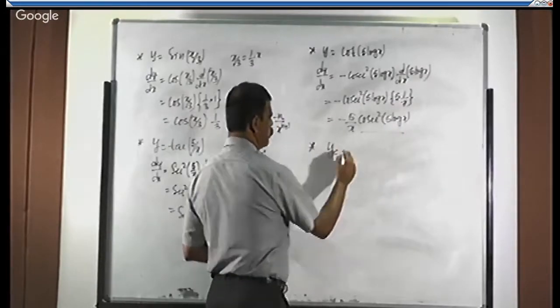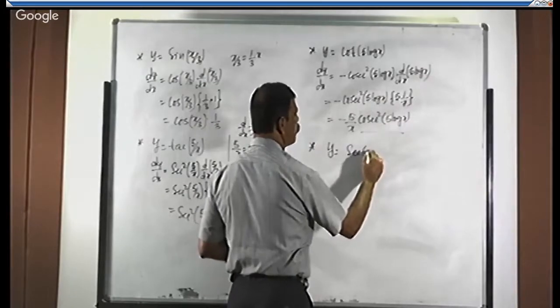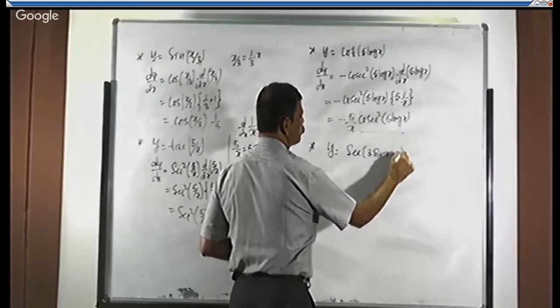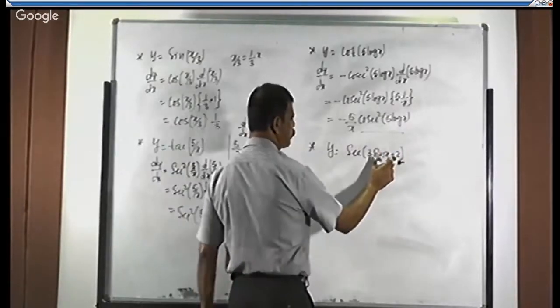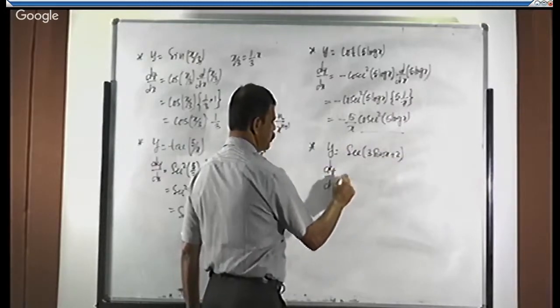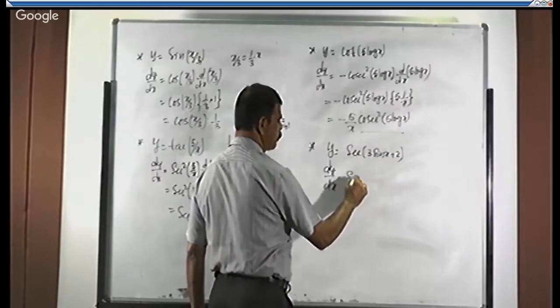Y is equal to secant of 3 sin x plus 2. What is function here? It is 3 sin x plus 2. Then dy by dx is what? Differentiation of secant x is secant x into tan x.